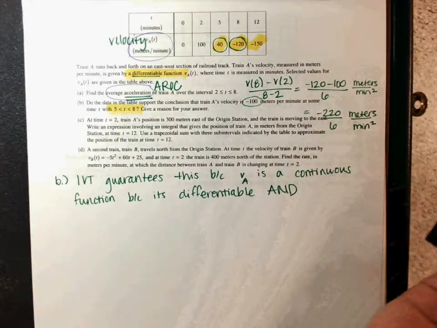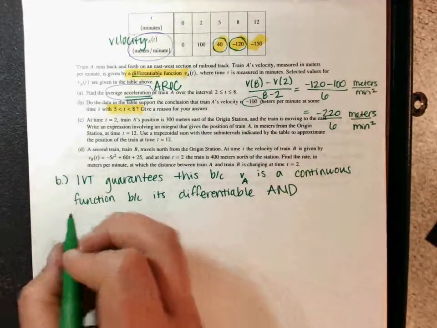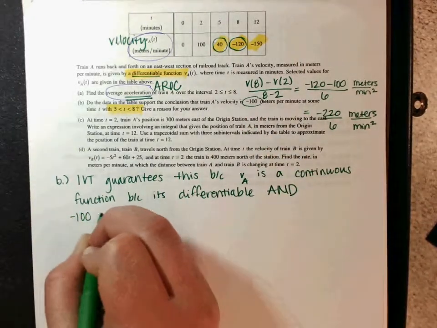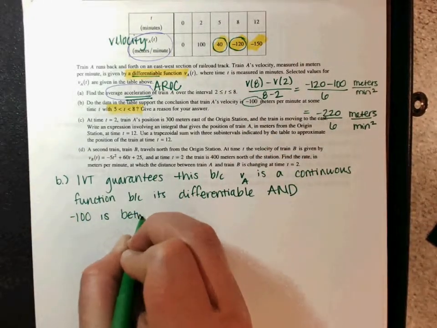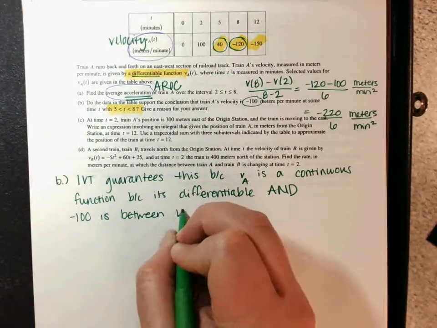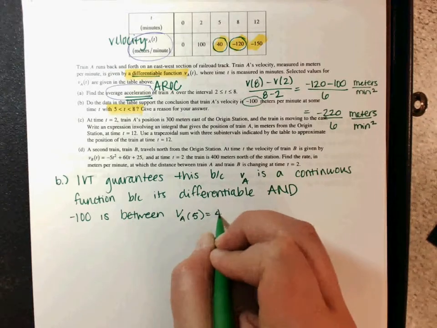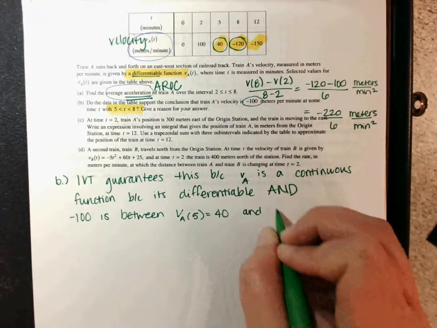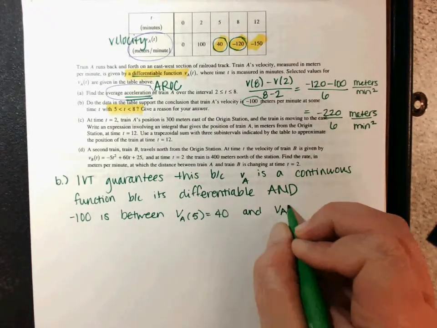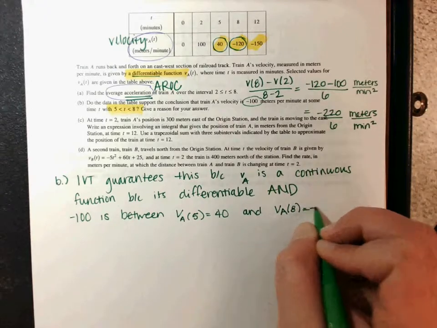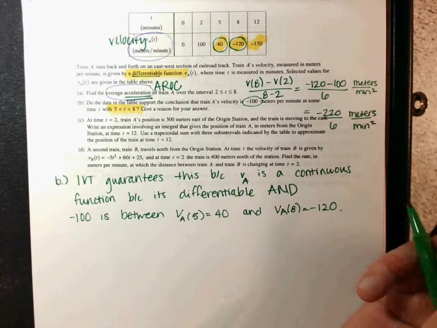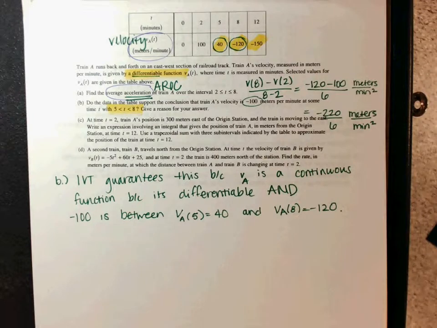And the value that I want, which is negative 100, is between the velocity A of 5, which is 40, and the velocity A of 8, which is negative 120. Okay, and I would think that'd be the shortest way for you to write that part out. Okay? Alright, go down to part C.